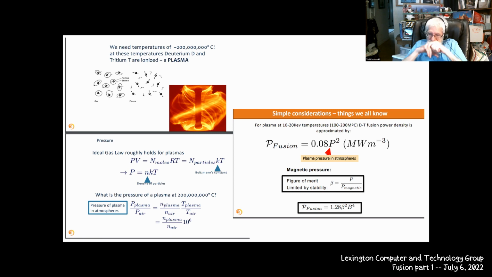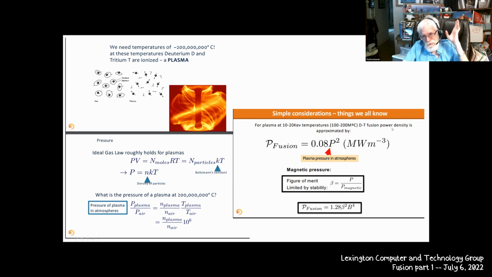The lower energy state is with the rubber bands on the inside and the jello on the outside. We want it to be the other way around. The pressures involved, again, at these kinds of temperatures, are 1 million atmospheres. You're not going to do 1 million atmospheres with anything except magnetic confinement.